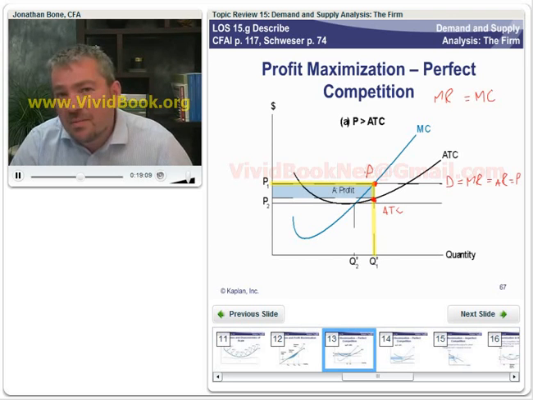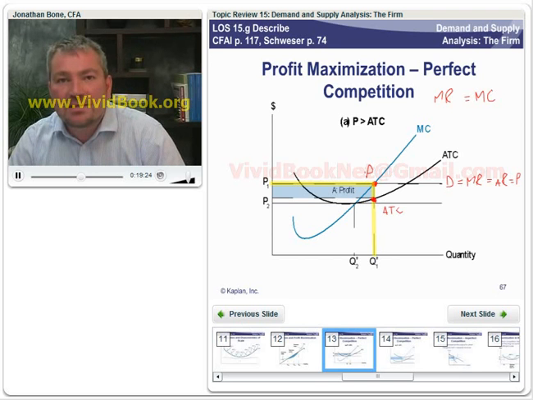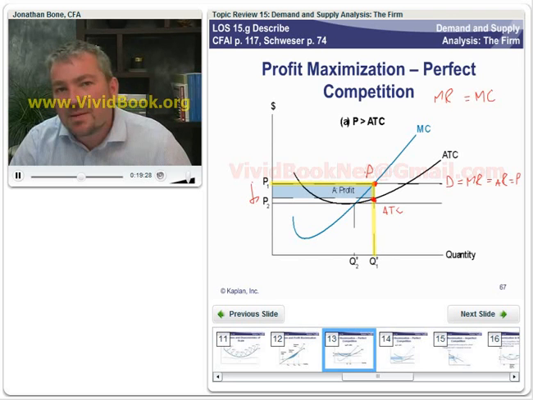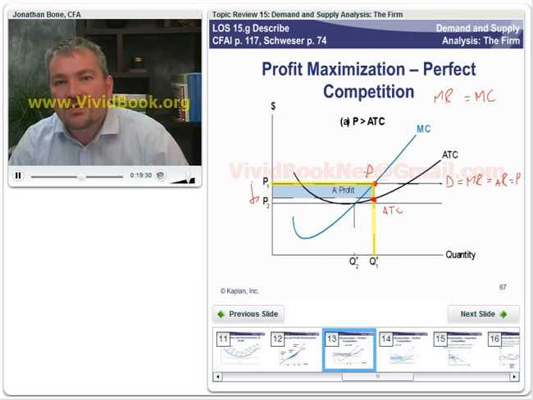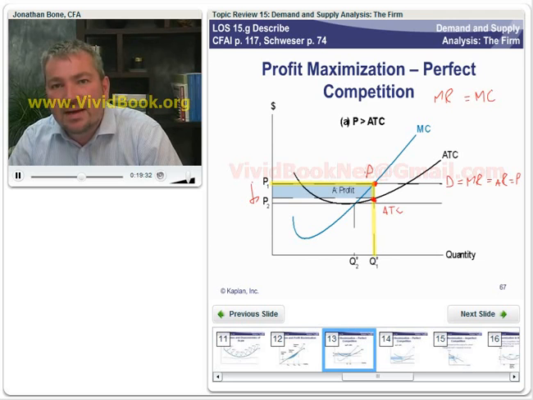But the problem with perfect competition is there are no barriers to entry. So if we generate economic profits, we're going to attract competitors. And as we attract competitors, that's going to force market supply up. And as market supply goes up, if market demand is unaffected, down comes price. So price is eventually going to drop until we end up at this point here.